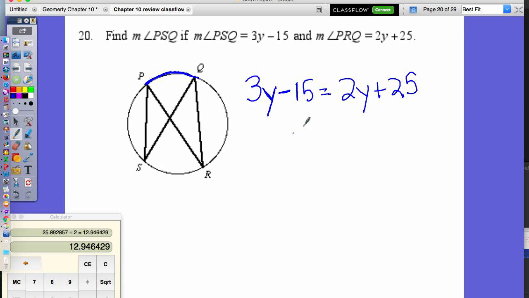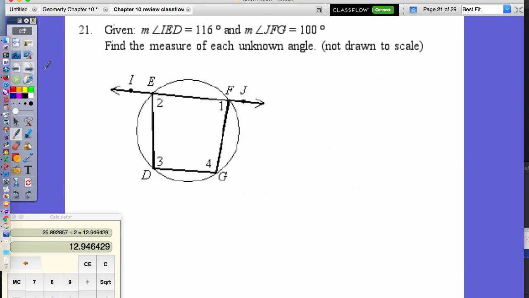I subtract 2y from 3y, I get y. I add 15 to both sides, I get 40. If y equals 40, I plug that back in. 3 times 40 is 120, minus 15 is 105. So definitely doesn't look drawn to scale, but that is 105 degrees.